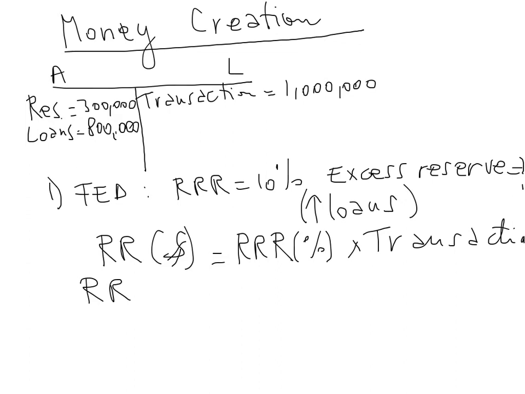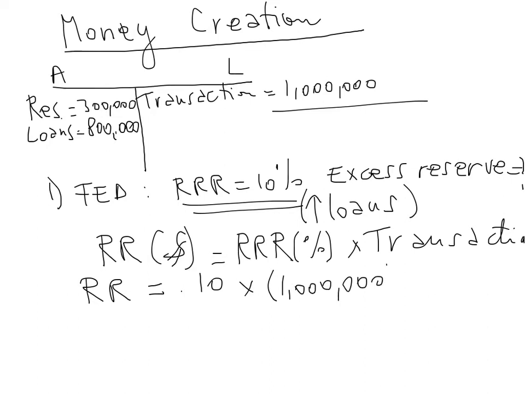My required reserve ratio is 10% times my transaction accounts of $1 million. So 10% times $1 million is $100,000. This is how much money they are required to have at all times.